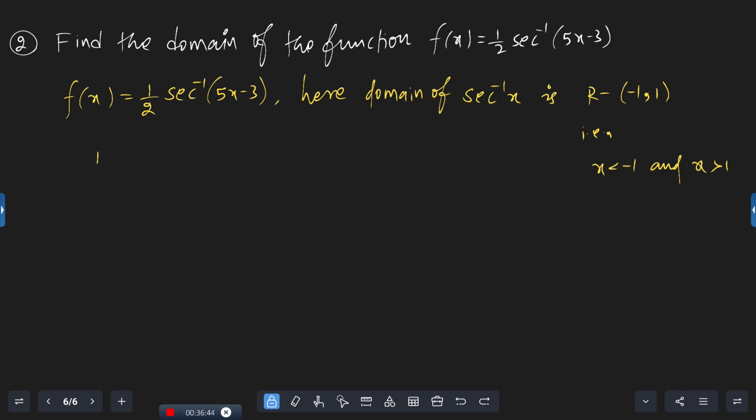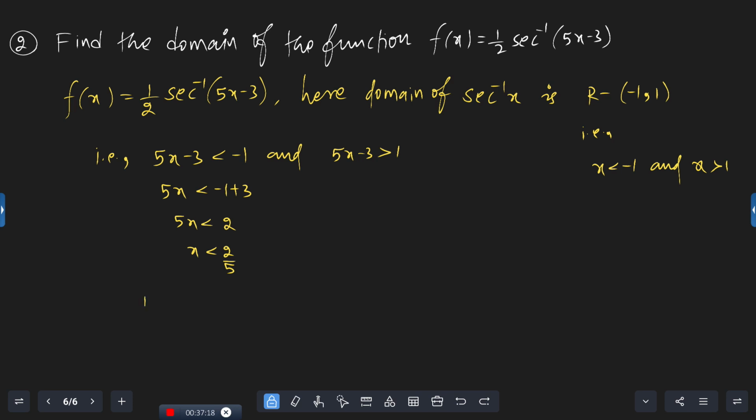And for this you will get 5x minus 3 less than minus 1 and 5x minus 3 greater than 1. Now find the x value. When you send 3 to the other side, 5x less than 2, x is equal to 2 by 5. So x value 2 by 5 below.